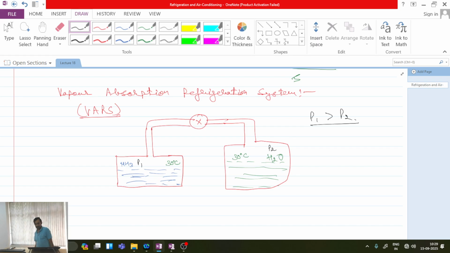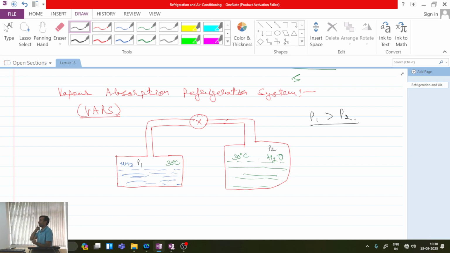Okay. So if you go to the property tables of ammonia and water, at 30 degrees Celsius for water you will find some value of saturation pressure, and at the same 30 degrees Celsius you will find some value of saturation pressure for ammonia, and the saturation pressure for ammonia will be more than that for water.